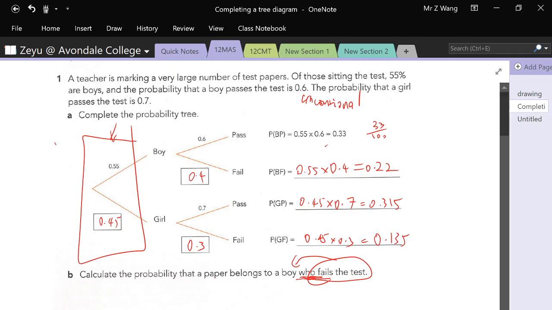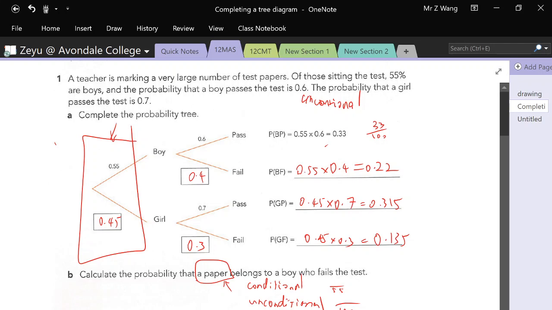But I'm talking about first of all, conditional and unconditional comes from this word, a paper. This one is unconditional. Why? Because unconditional means we are dividing by 100, and conditional means we are dividing by 55 or by 45.